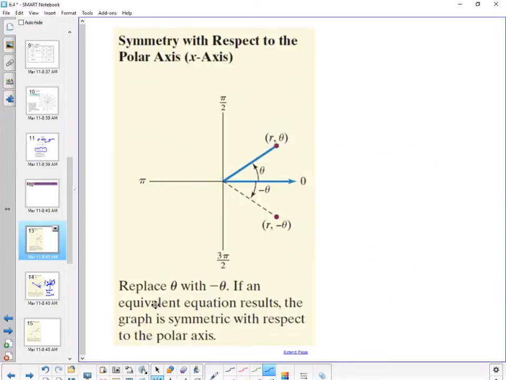Well, here's what you're going to do by yourself. If it asks you to check for symmetry about the x-axis, then you're going to take your angle and make it a negative. So if I have r equals a cosine of theta, you're going to convert this to a negative angle, and then check if you get the same thing out. And if you're checking for y, you change both of them, the r and the theta.